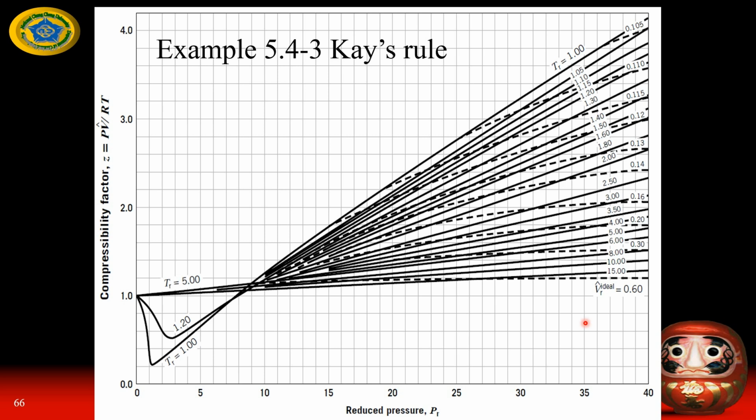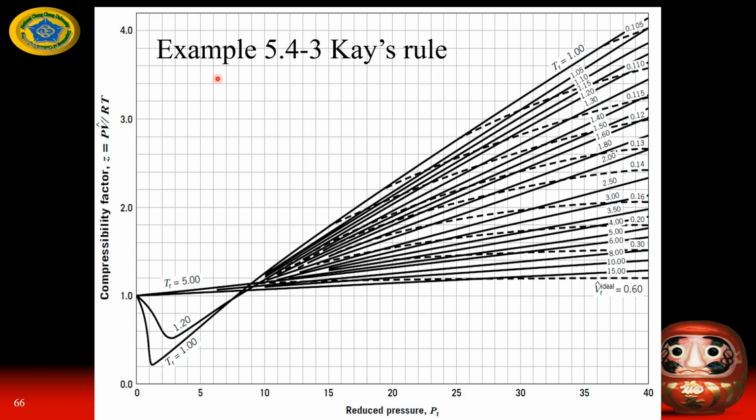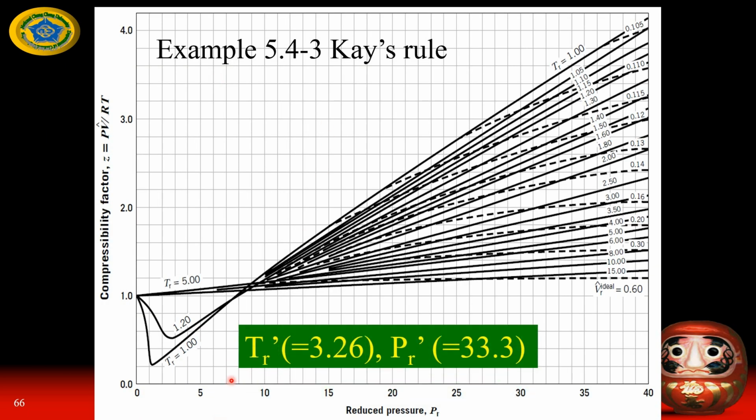So for Kay's rule, under such conditions, after you do the calculation, Tr prime is equal to 3.26 and Pr prime is equal to 33.3. So what is Zm? Pr prime is 33.3, somewhere around here, so you have a line here.